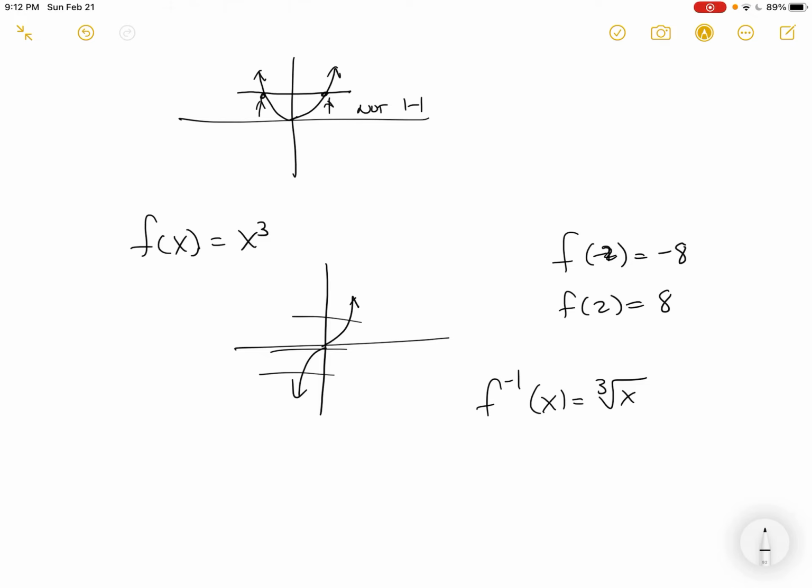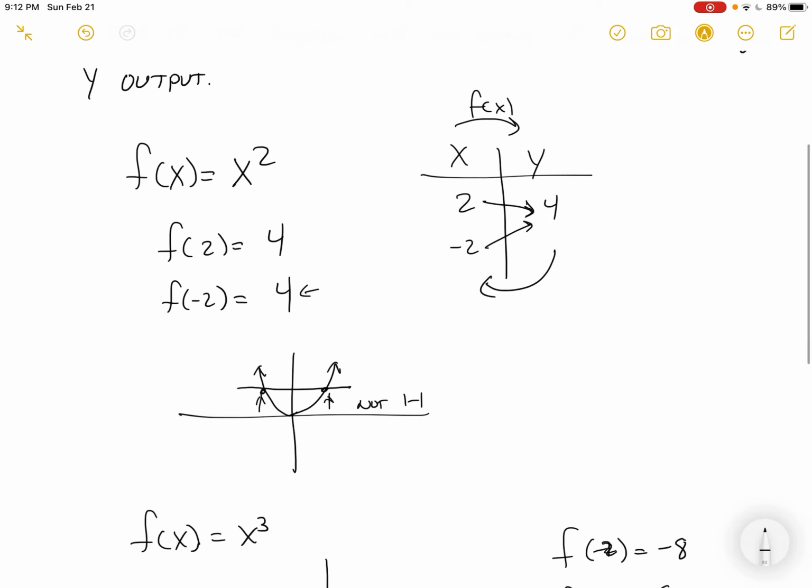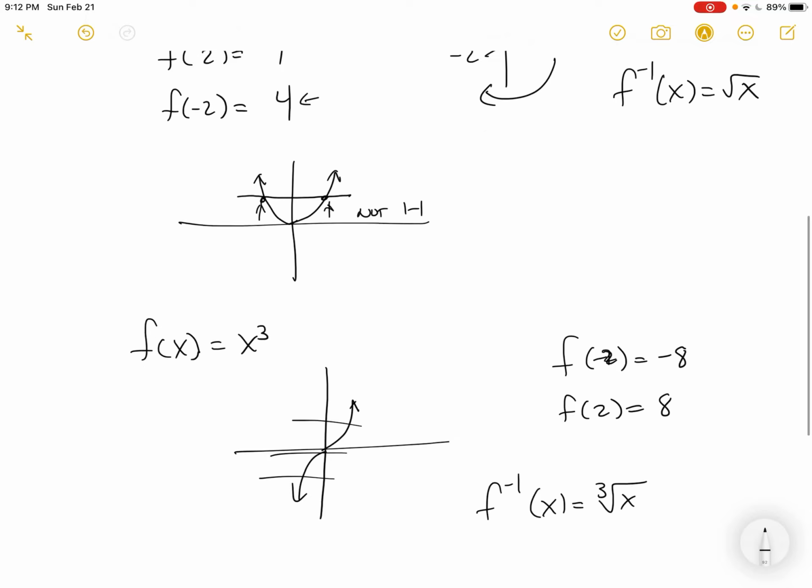Now the problem with this one is if you say, oh, well, this one had an inverse as well. Its inverse would have been the square root. This square root function will never, ever give you the negative portion of it. And so the problem is you'll only be mapping to half the original domain.